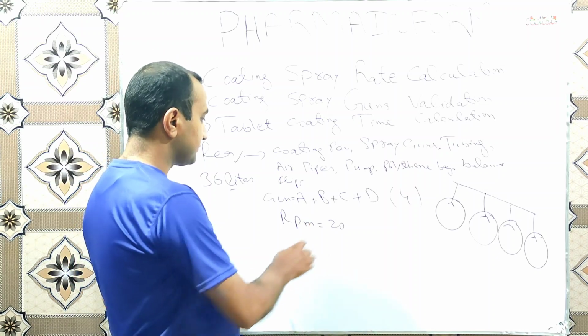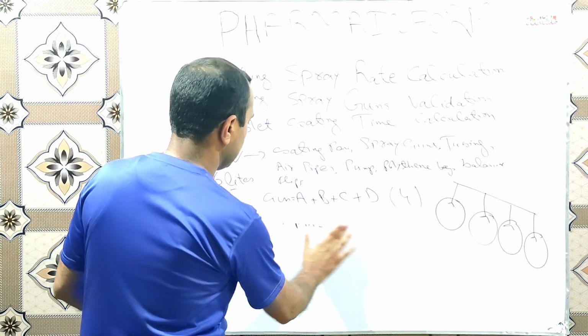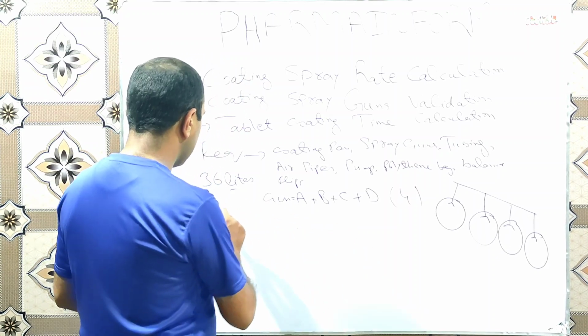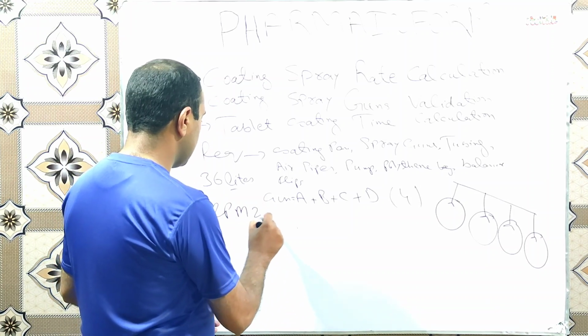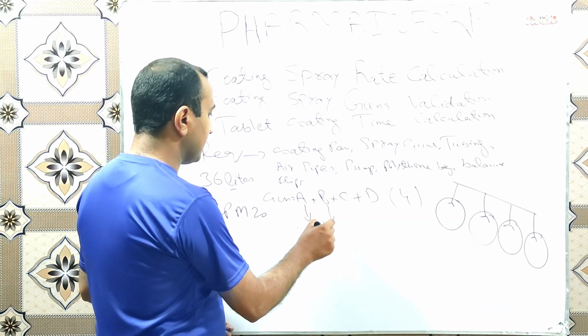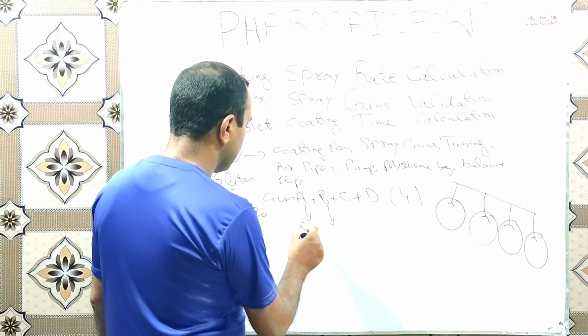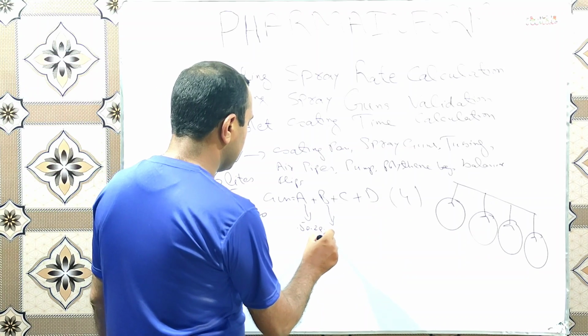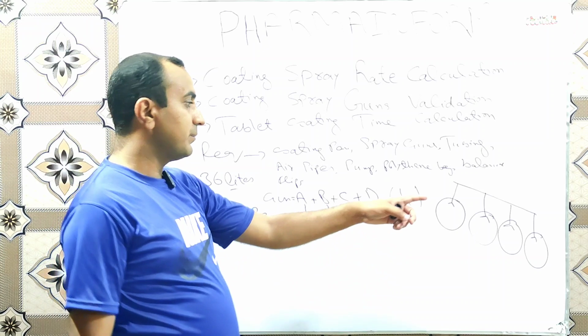Suppose at 20 RPM, in gun A we achieved 50.2 grams in 1 minute.